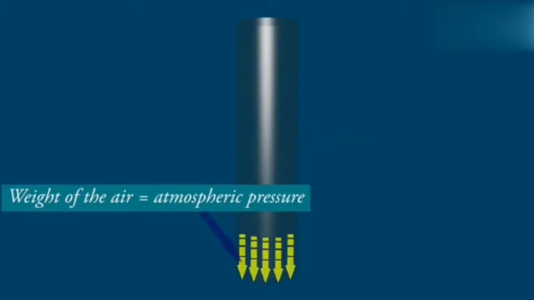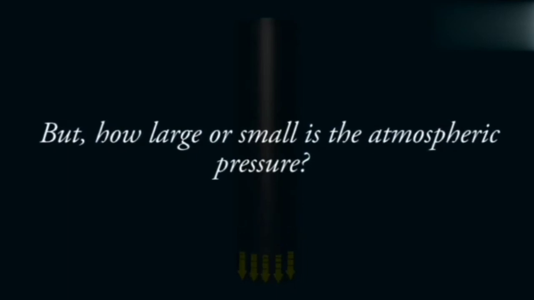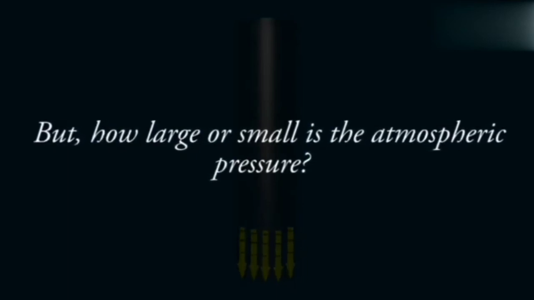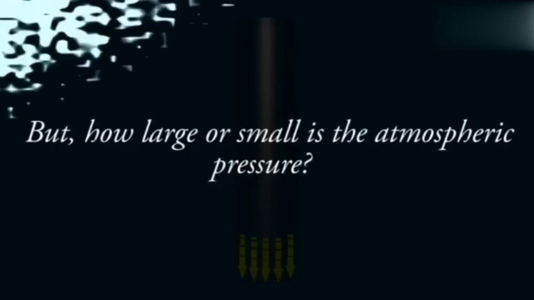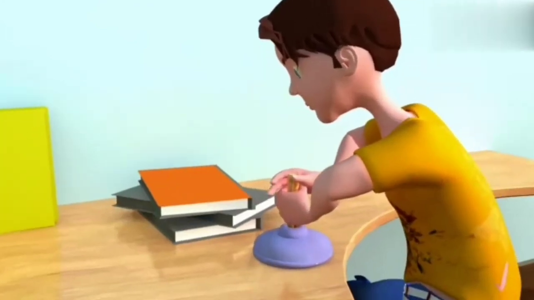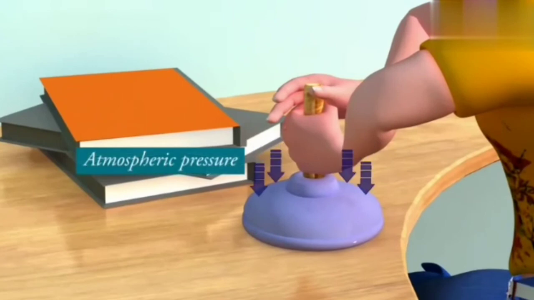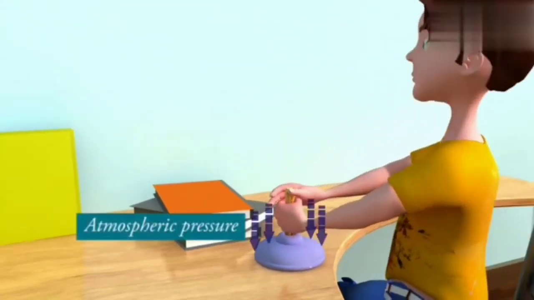But how large or small is the atmospheric pressure? Let us see. When you press the sucker, most of the air between its cup and the surface escapes. The sucker sticks to the surface because the pressure of the atmosphere acts on it.